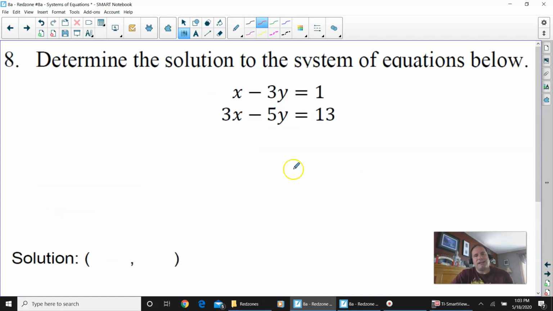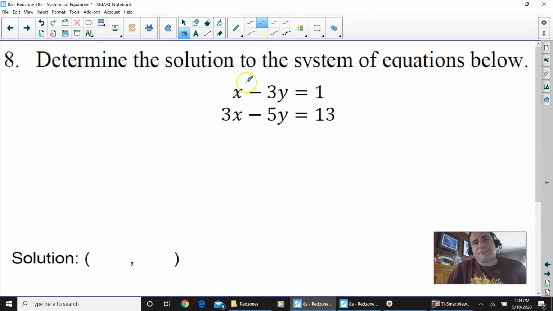Going on to number 8, again, I always look to use elimination. And I noticed that x does not cancel with 3x, and negative 3y does not cancel with negative 5y. So I am in trouble. I'm not really in trouble. I'm just saying I'm in trouble.